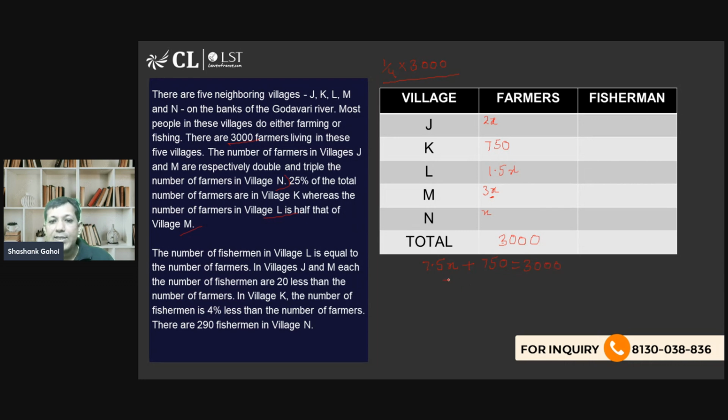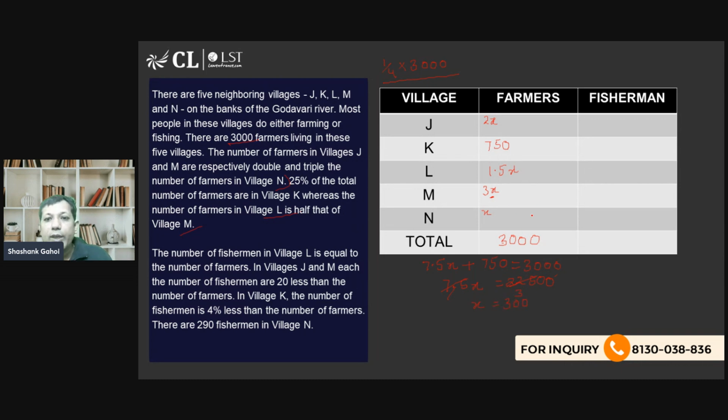So from here I can say that 7.5x is equal to how much? 2250. Now remove the decimal, put the 0, and 75 3s are 225. So x comes out to be 300, and that's what is given to us.